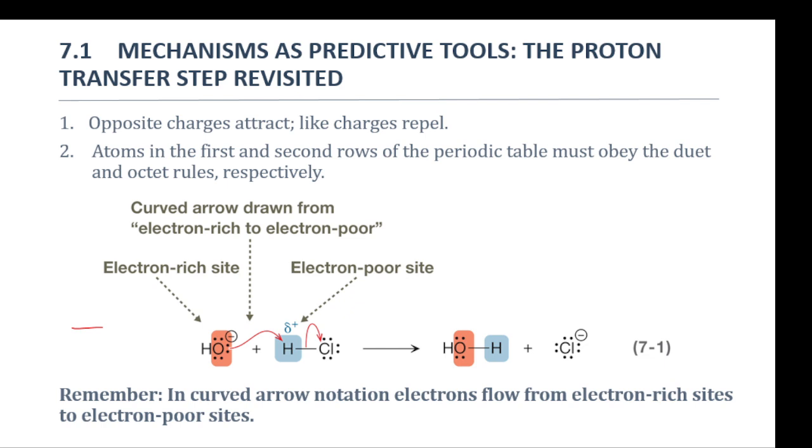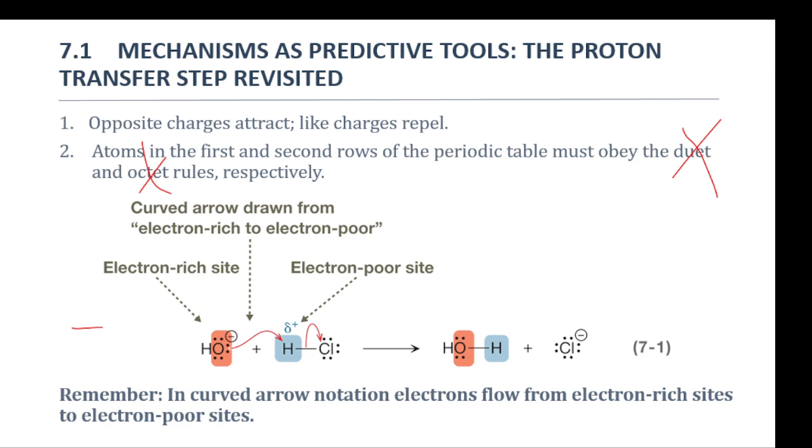Fantastic. The atoms in the first and second rows of your periodic table have to obey the duet on the first period, octet rules on the second period. I personally hate that terminology, and I like to just say noble-like configuration. But almost every book ever written uses that terminology, so to be consistent. Why did I not mention the third period, by the way? Yeah, we can actually form an extra octet, 10, 12 electrons around it.